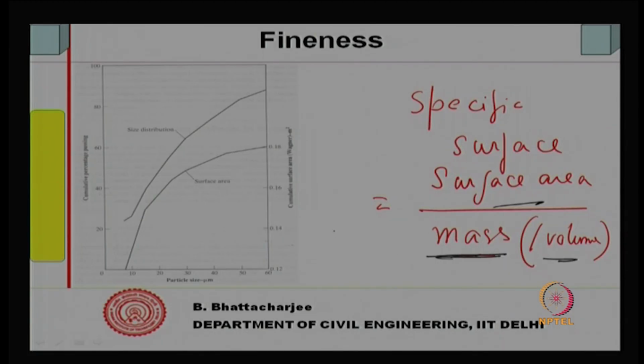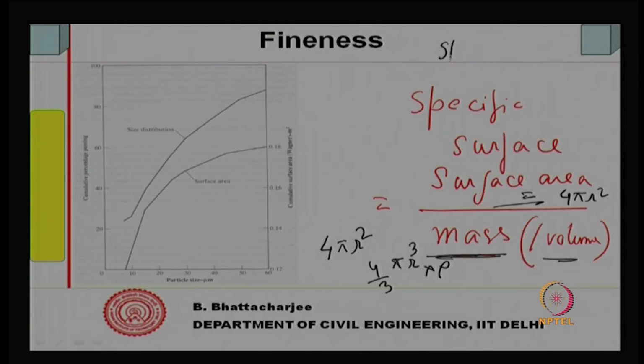Suppose I have a spherical particle. For a spherical particle, the surface area for a single particle is 4 pi r square, and the mass is volume 4 by 3 pi r cube into rho, the density.